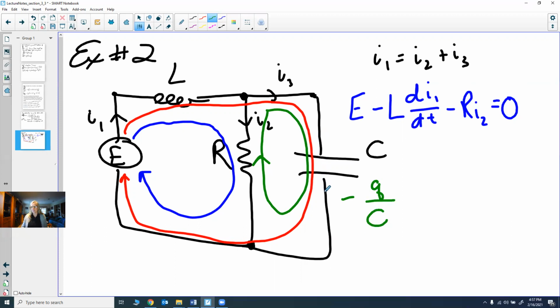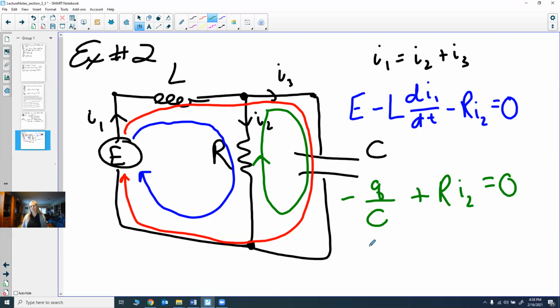It's minus because it's taking some away, and we're traveling along this current. Now we come up through our resistor. And since we came up through it, it actually is adding because we're going opposite the current. The current's going this way, which is where we'd lose it, but we're going against it. So we actually gain going through that resistor, and it's R times I2. And then we get back to where we started, so that equals 0.